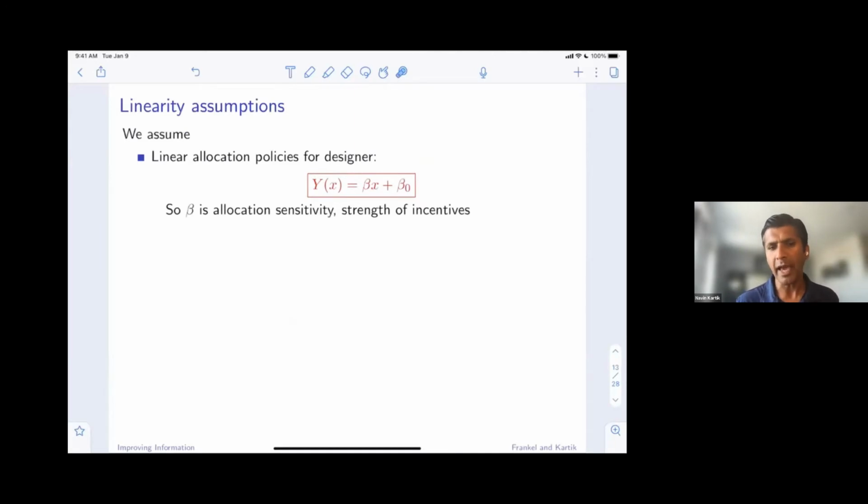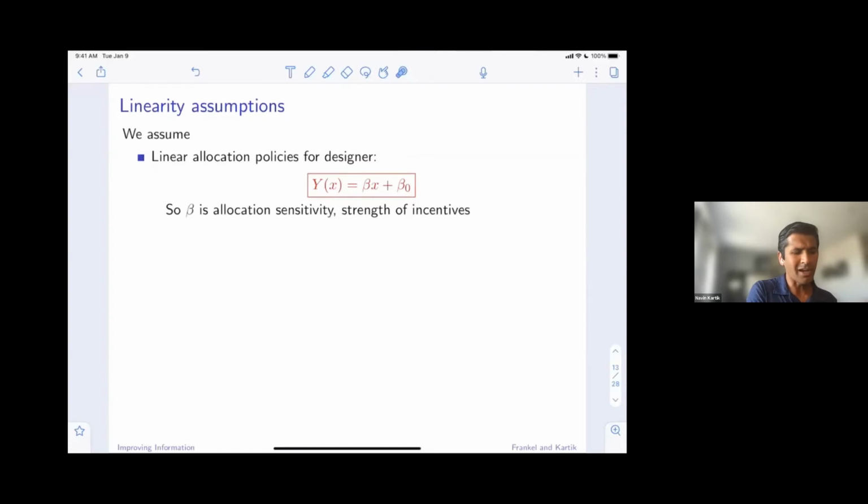For tractability and for some other reasons that I will elaborate on if we have time for discussion at the end, we're going to focus on linear allocation policies for the designer. So the designer is going to choose an allocation rule that is simply parameterized by two parameters, beta and beta naught. It's a linear, or more precisely affine, allocation rule.